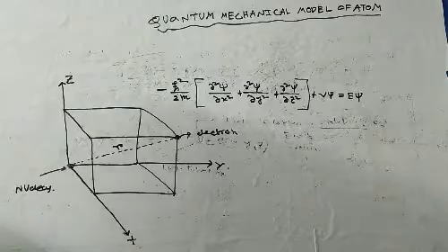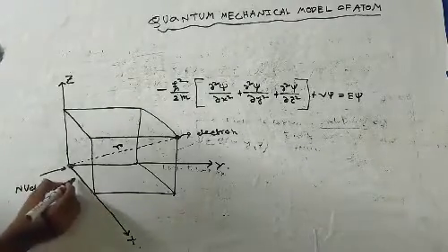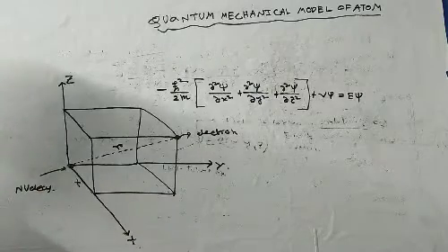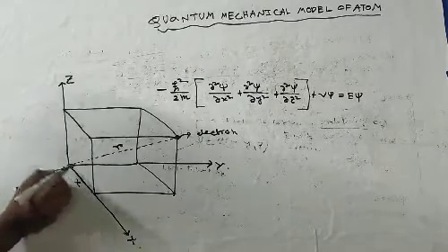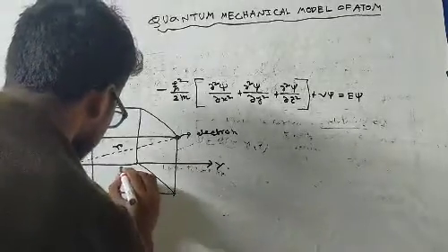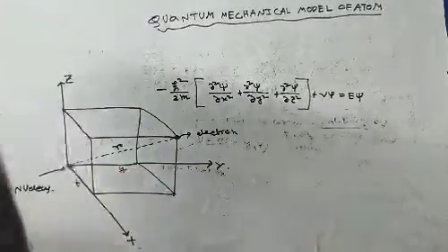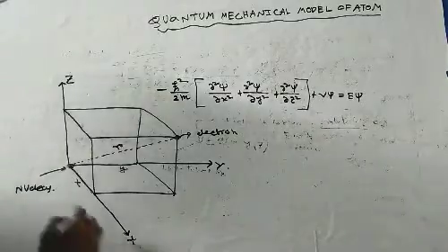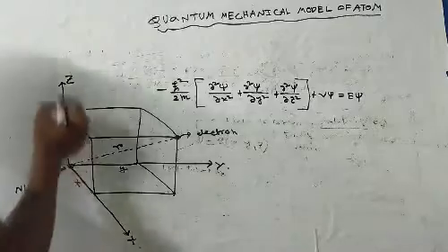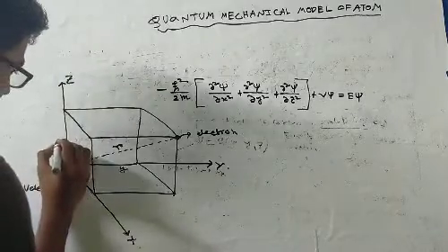In the x direction, let's consider this length is small x, and in the y direction, let's consider this length is y, so the edge length in the y direction is y, and in the z direction the edge length is z.